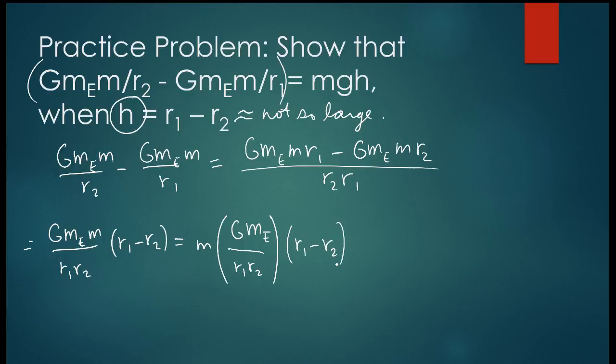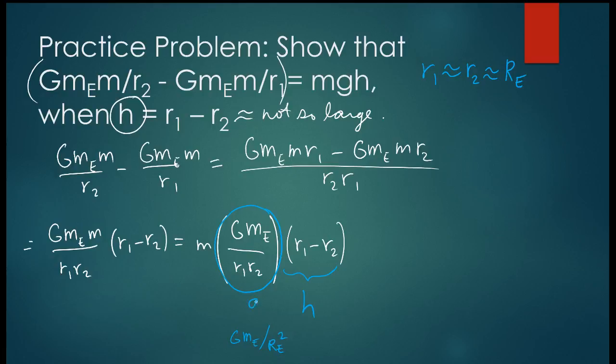And there's a couple of interesting things that we can do here. First of all, as we mentioned, r1 minus r2 is h. Okay? But close to the surface of the Earth, r1 is about the same as r2, which is about the same as the radius of the Earth. So we could say that this term right here is about the same as big G mass of the Earth over radius of the Earth squared.